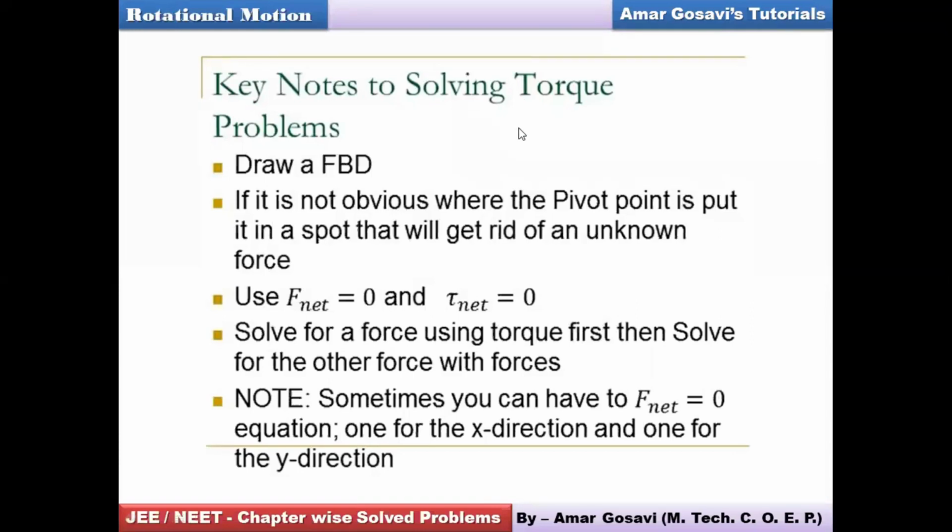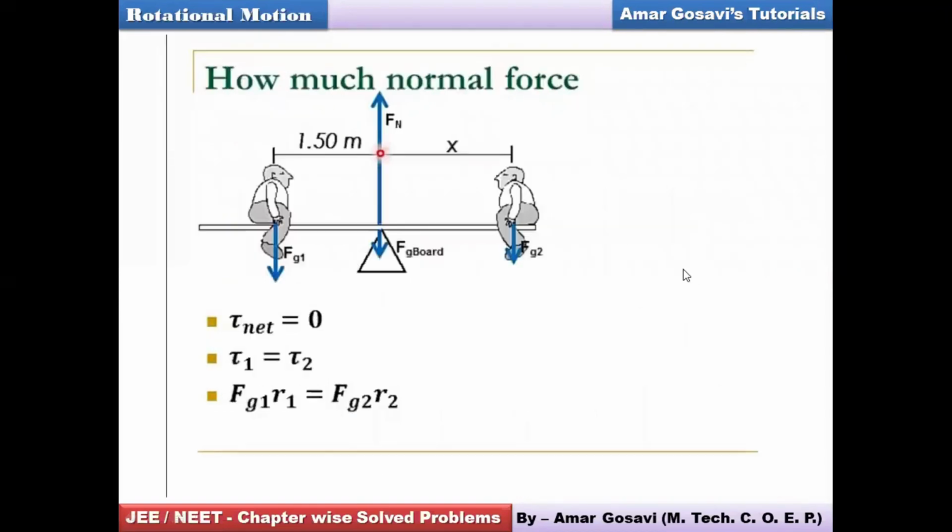Yeah. So most of you say done. So using these steps, we can solve the problem. Let's see how. This is the free body diagram. The first thing is to draw the free body diagram. In this free body diagram, you can see the first person is exerting force in the downward direction, that is Fg1. There is a force acting on the fulcrum, that is the Fg of the board.